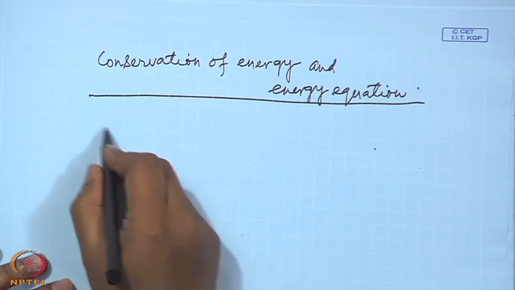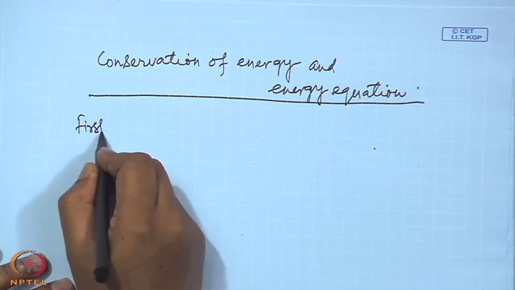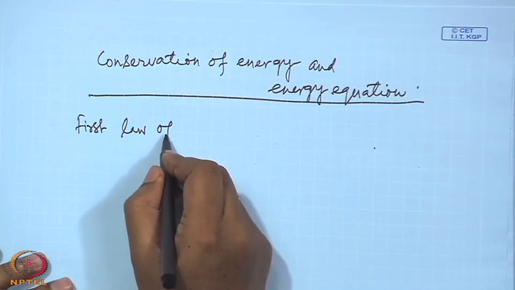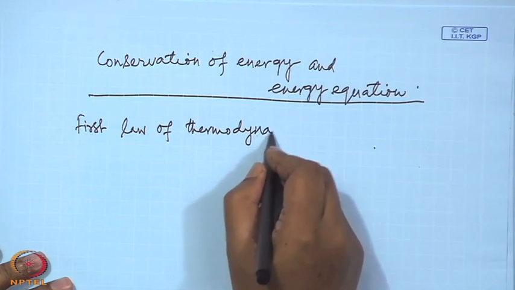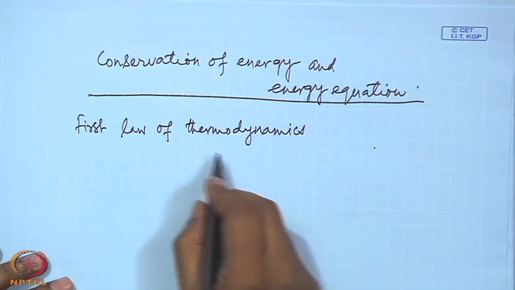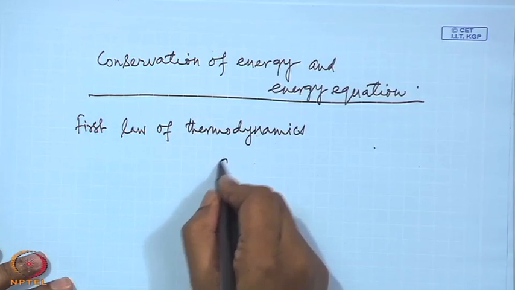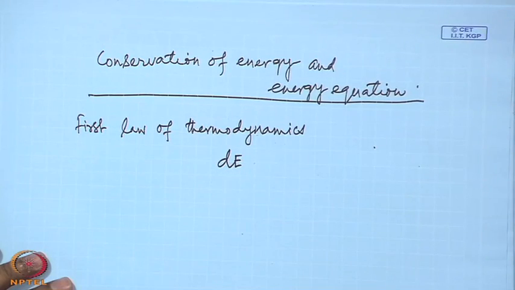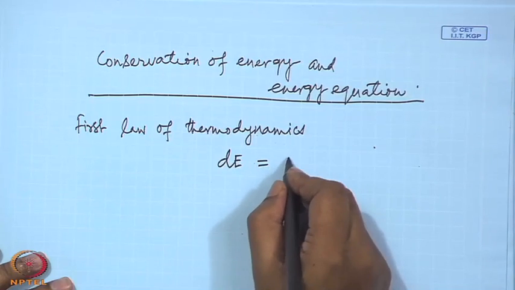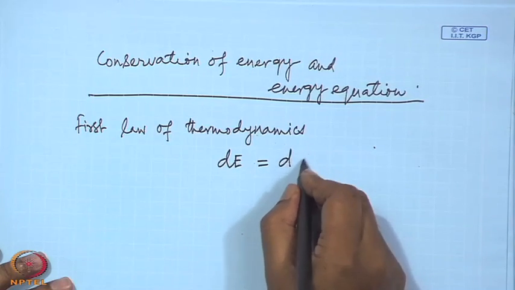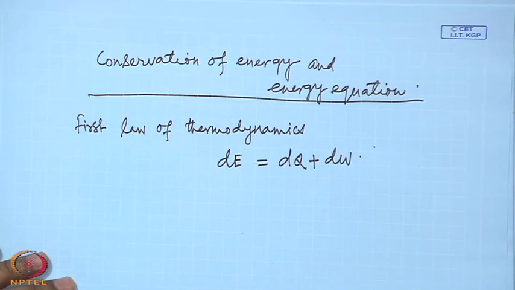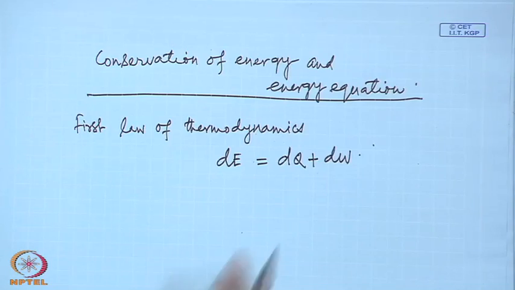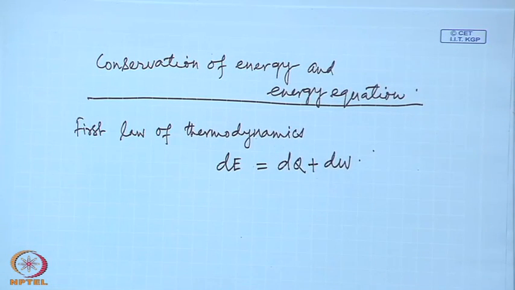Okay. So, using the conventional notations, the first law of thermodynamics says, the mathematical statement we will write, say, change in internal energy is equal to the heat added to the system plus work done on the system.